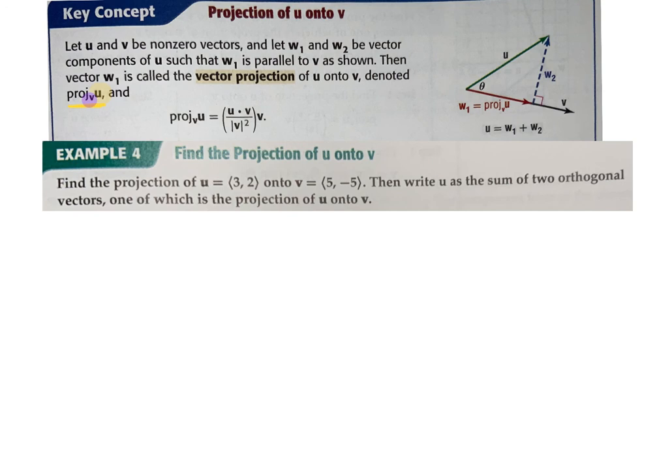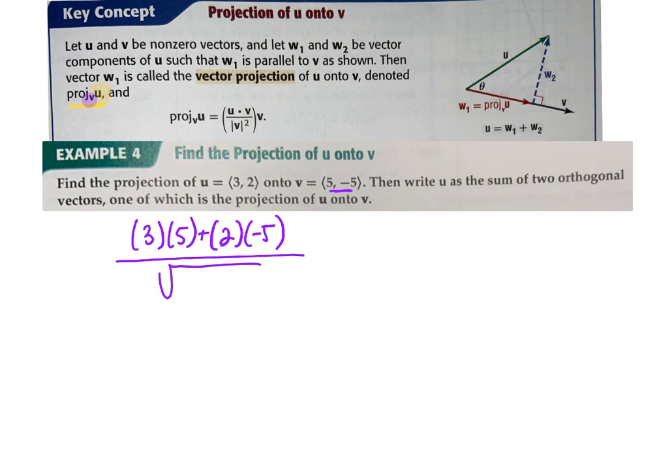U onto V. We are going to say the dot product between the two. So we're going to say 3 times 5 plus 2 times negative 5. That is going to be over my magnitude of V squared. So what happens if I do the magnitude of V squared?